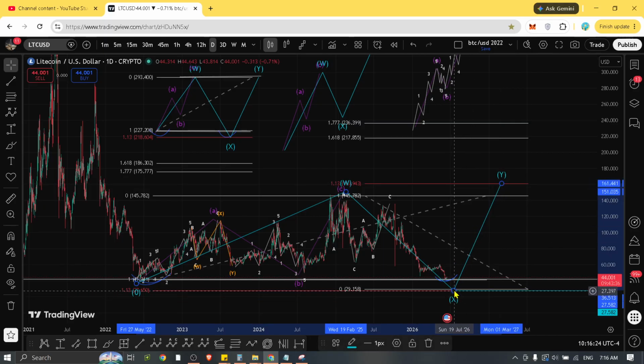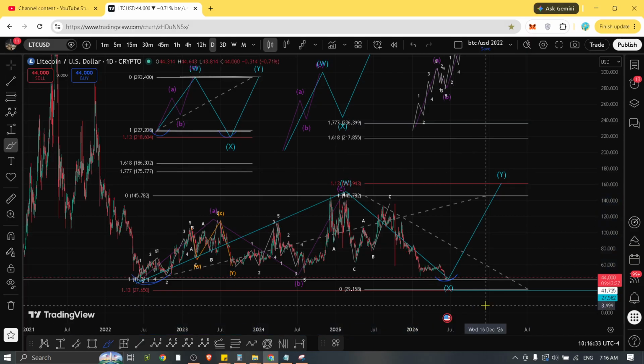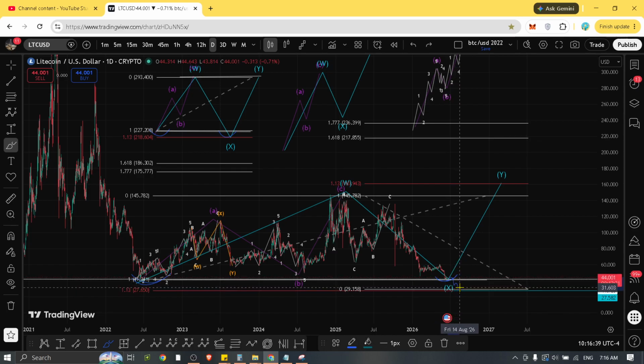Similar to what we were witnessing right now, we're at that $42 mark, double bottom formation. You know, you can go ahead, accumulate some long positions. If it breaks below, dollar cost average all the way down to $27, and from such zone up we go for our Y wave.